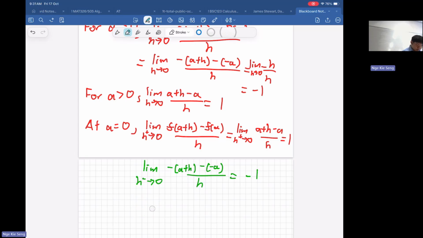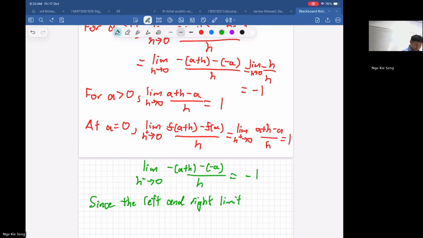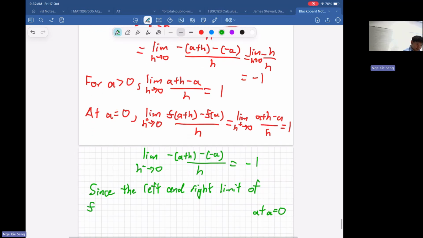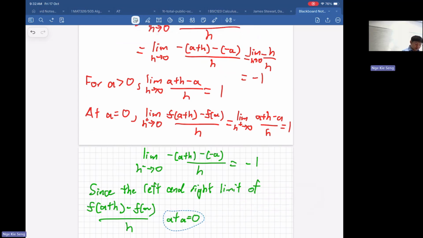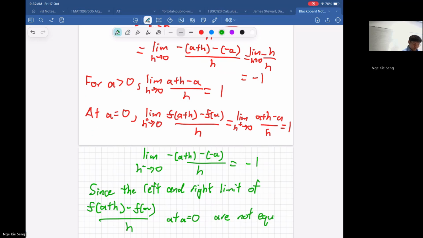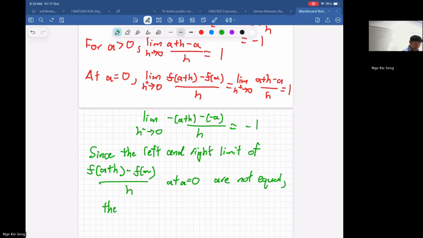Since the left and right limits at a equals 0 of this special function, f(a plus h) minus f(a) over h, are not equal, its limit at a equals 0 does not exist.